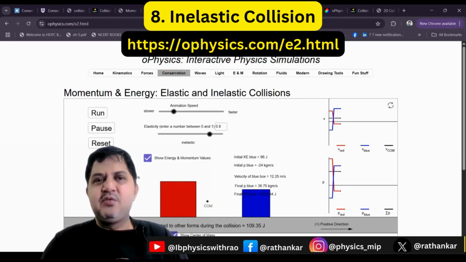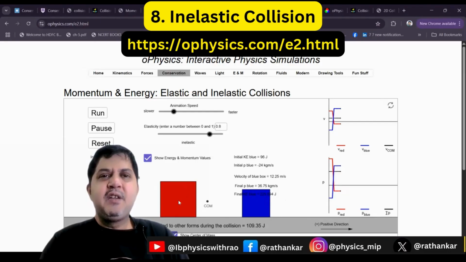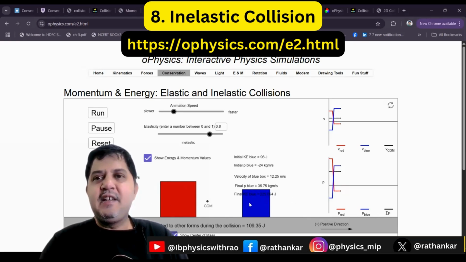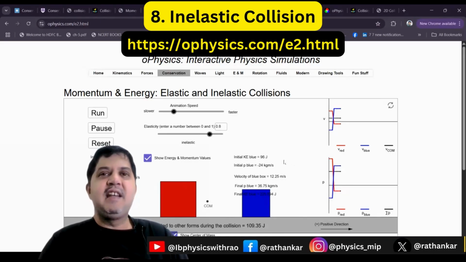When I add these two, 225 plus 11 would be 236.6. Some amount of energy is being lost, because here it was 346 and here it's only 236. So the kinetic energy is converted to other forms, about 109.3. It's not given back, so some amount of energy is lost. Energy is not conserved. That's what we can make them know.